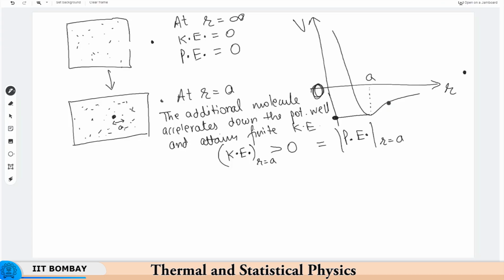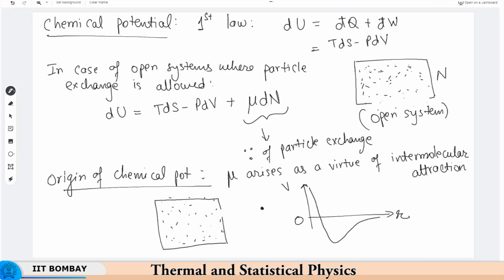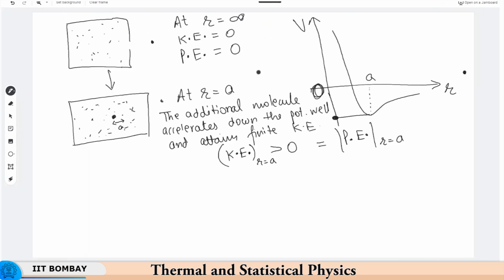So, let us go back to this equation again. We saw that due to this additional chemical potential term, our first law becomes dU equals TdS minus PdV plus mu dN.